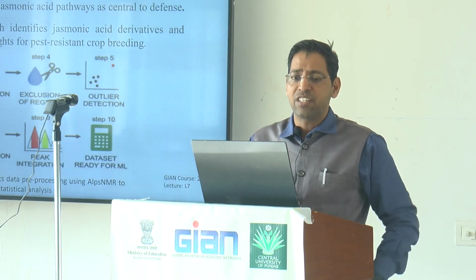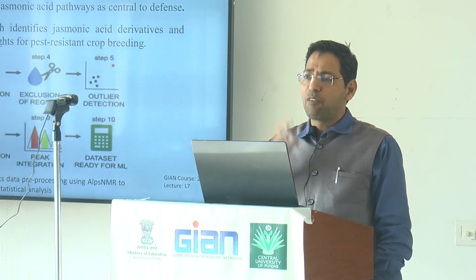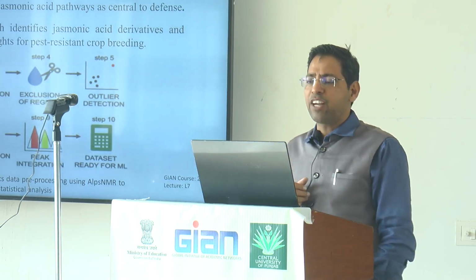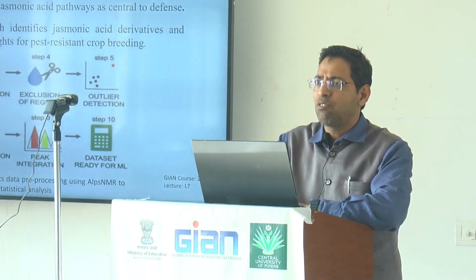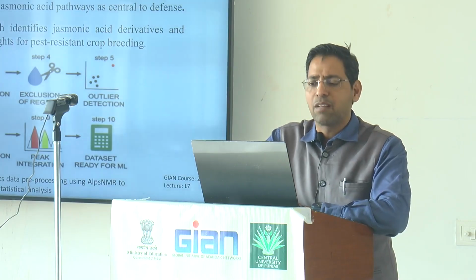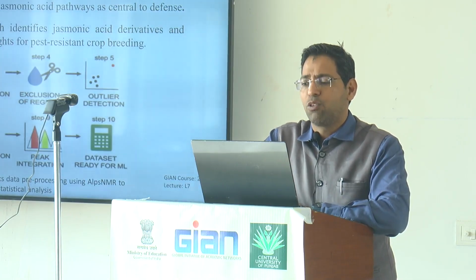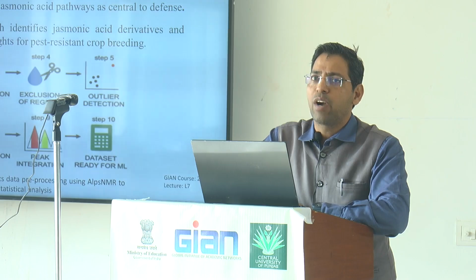Visualization is necessary here. The final outcome of this objective is that we identified that jasmonic acid derivatives and other volatile organic components are the primary key metabolites for defense purposes, and they provide defense for pest-resistant crop breeding.